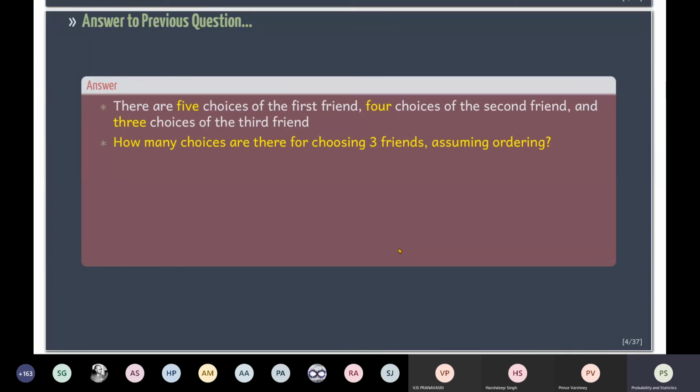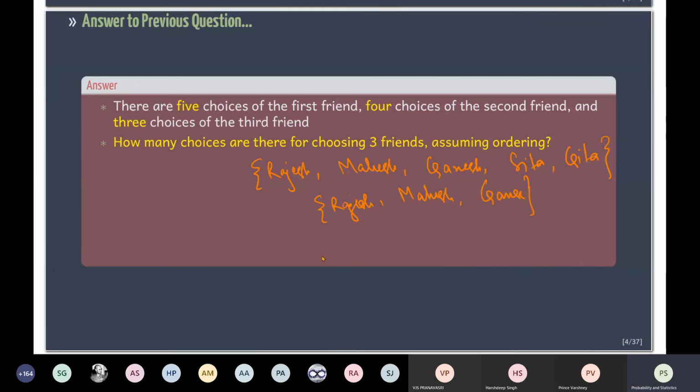So let us say ordering matters to you. Let us say we have Rajesh, Mahesh, Ganesh, Sita, Geeta. There are 5 friends you have, and you want to choose 3 of them, and for you the ordering matters. For example, let us say you choose Rajesh first, and then Mahesh, and then Ganesh.